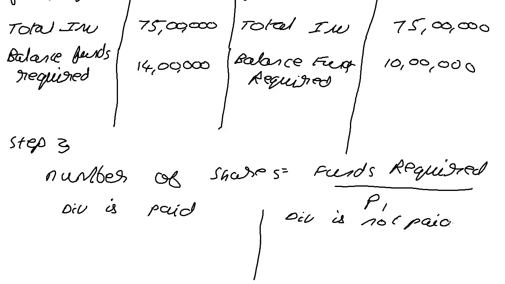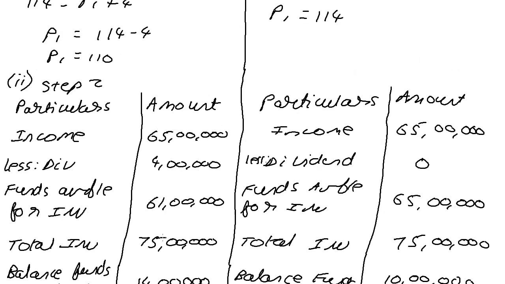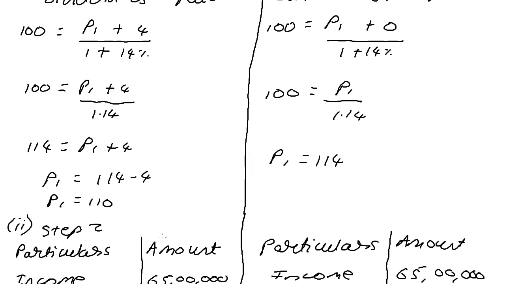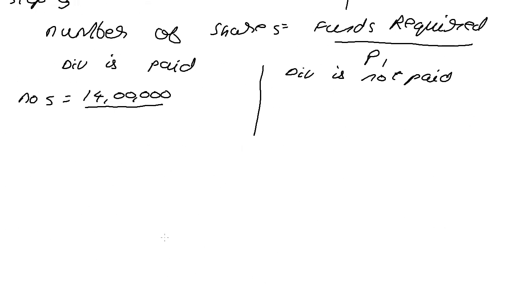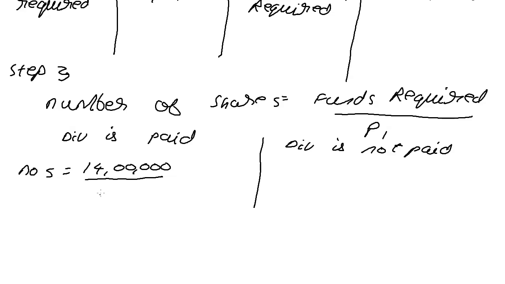And again, we do the math, and our formula for number of shares with substitution is equal to 14 lakhs upon 110, which was our price under dividend being paid.